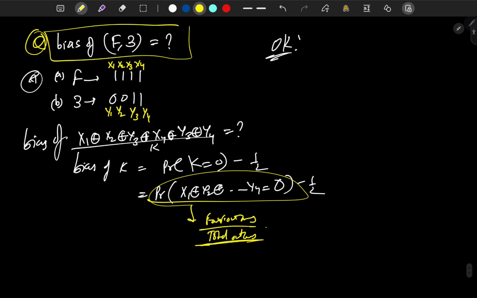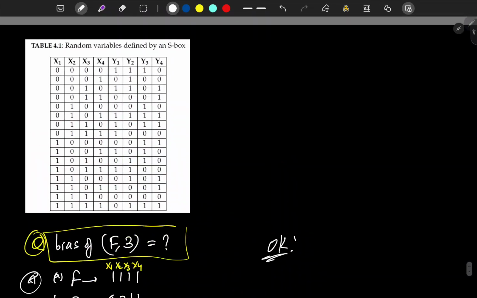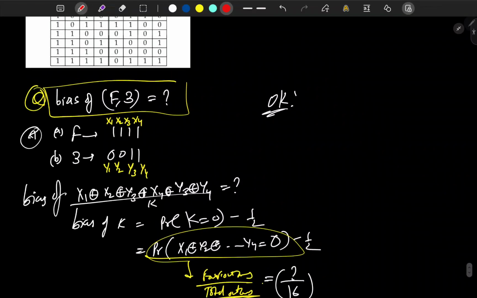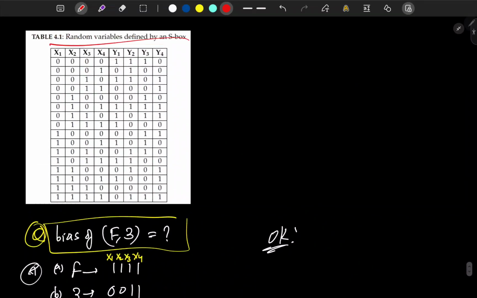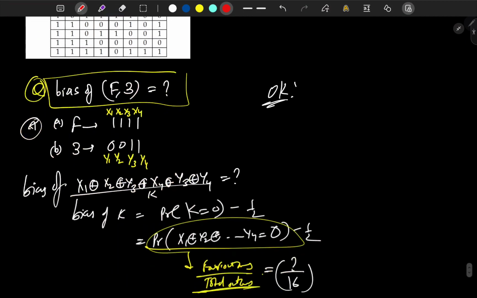The total number of outcomes is 16. Favorable outcomes you have to count using this table. Bro, this is not the approximation table, mind you, this is the normal helping table. You have to consider all these rows, x1 x2 x3 x4 y3 y4.